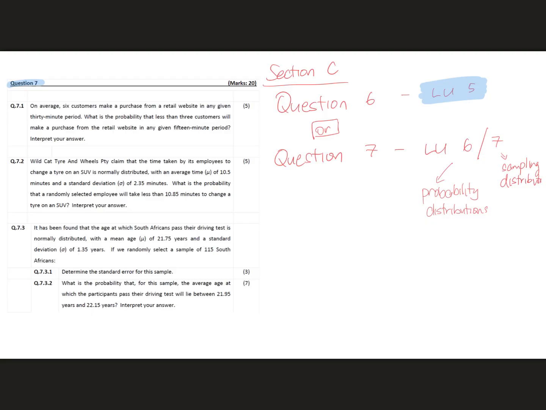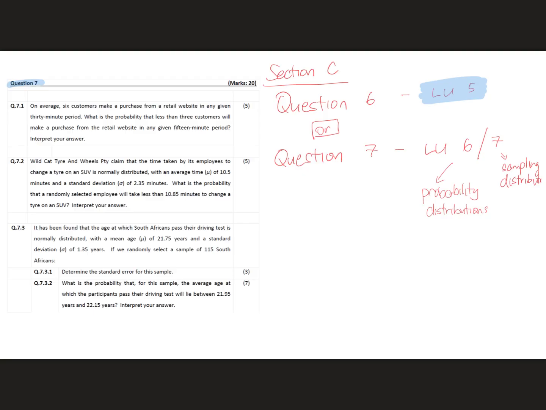So as I was saying, the reason that we have 2 learning units in one question here is because learning unit 6 is looking at your binomial and your Poisson distributions. And then towards the end of the learning unit, you find that we sort of start with your sampling distributions and then it's continued into learning unit 7. So it's basically that learning unit 7 is a build up on learning unit 6.